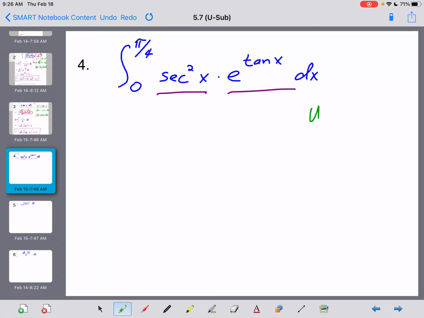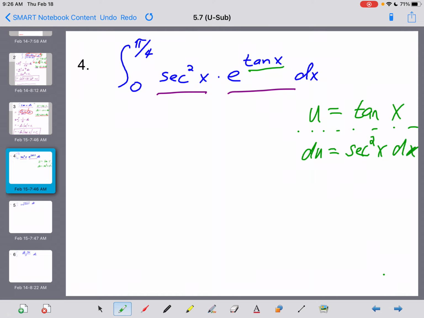We are going to let u equal the easier part of the harder part so that the derivative of u will match up with something else in this integrand. We're going to let u equal the exponent on the right-hand side. Okay, we're going to let u be tangent of x. And where are we going from there? The derivative of that now, du, is going to equal secant squared of x dx.